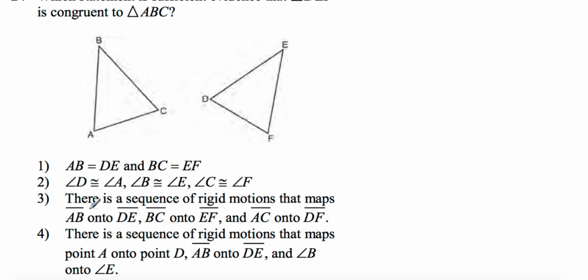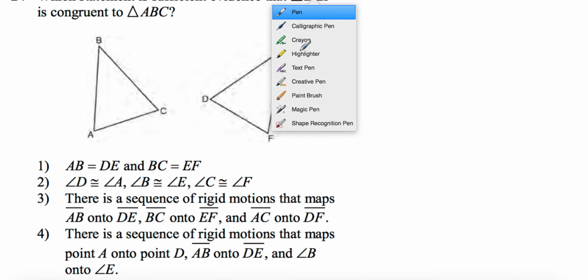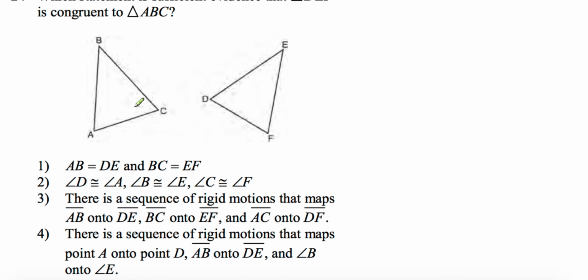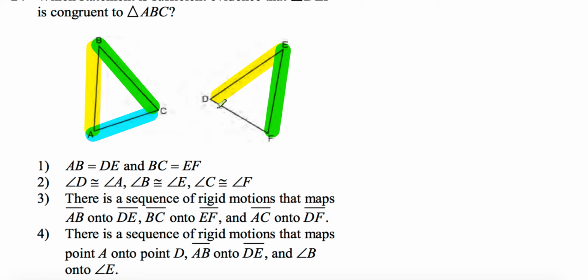How about the third one? There is a sequence of rigid motions that maps AB onto DE. So AB will be onto DE, and then BC onto EF, and then AC onto DF.